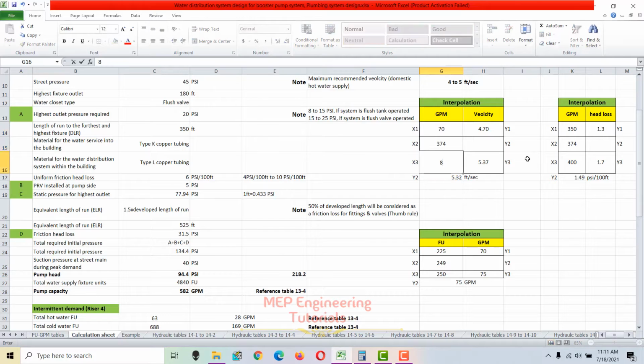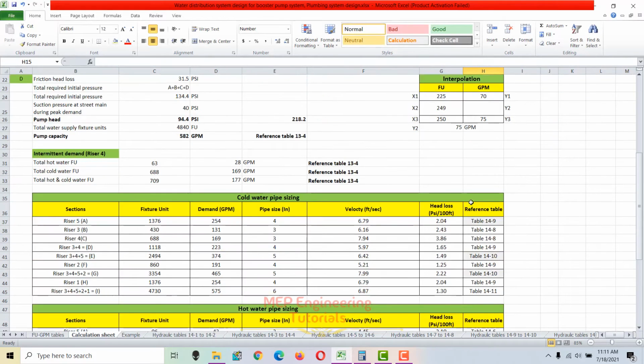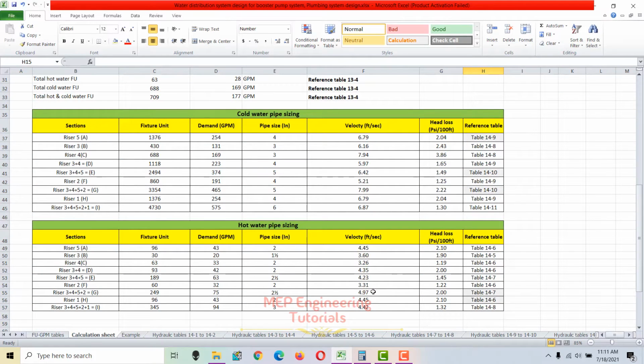We need to check at how much velocity we have at 75 GPM. So velocity is 5.04 feet per second.